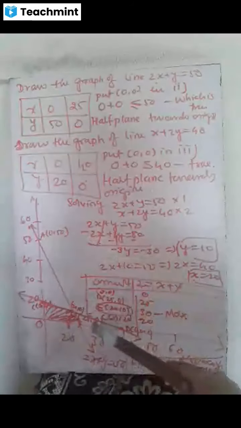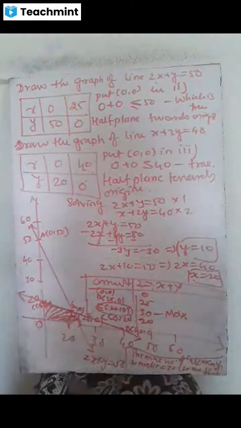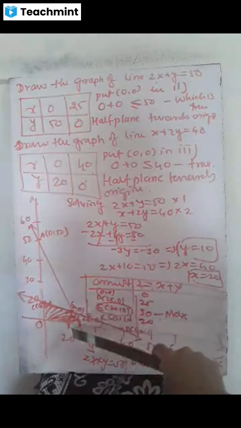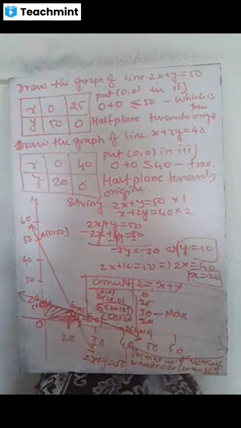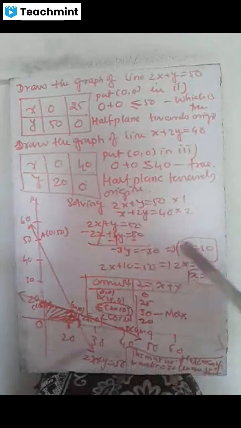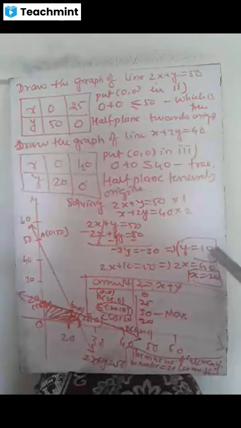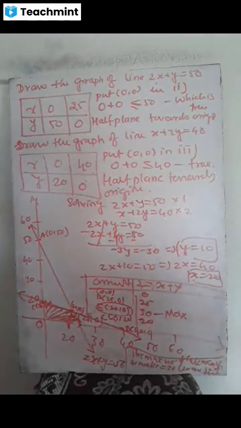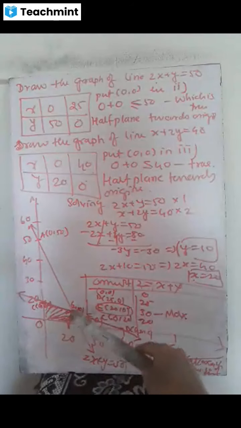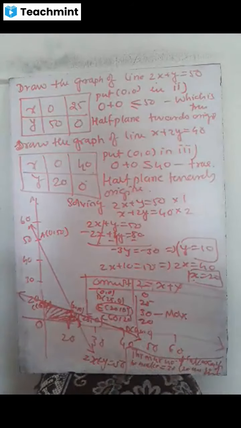Draw the two lines and get the feasible region towards the origin. The corner point where these two lines meet is 20 and 10. Solving these two equations, we again get 20 and 10. So the 4 corner points here are 0, 0, 25, 0, 20, 10 and 0, 20.